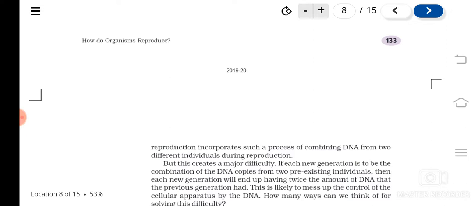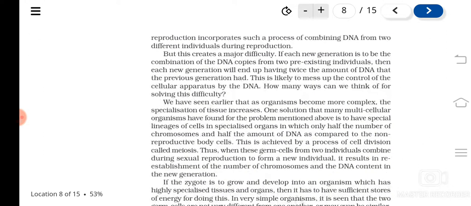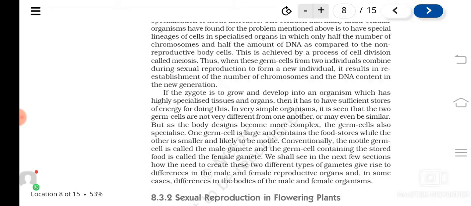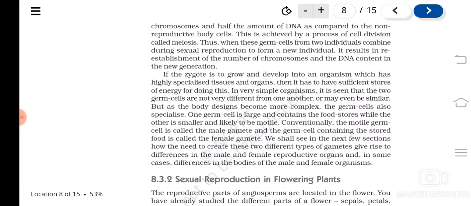Meiosis is there, where exchange of gene fragments takes place. Because of all this, there can be much more variation in sexual reproduction. Understood? So sexual reproduction is more favorable for evolution to take place.